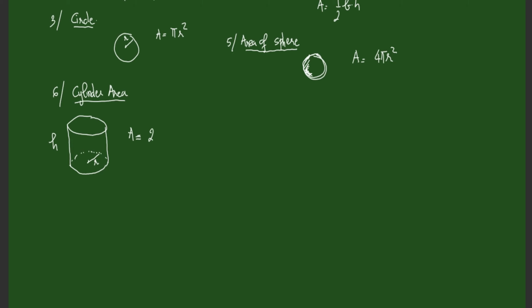So it will be 2 pi r squared, plus the surrounding surface. The surrounding surface will be the circumference of the circle, 2 pi r, times h. Okay.